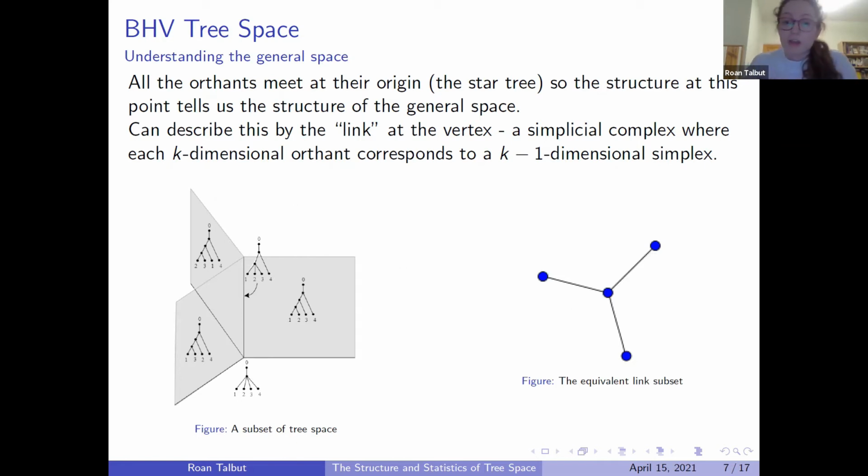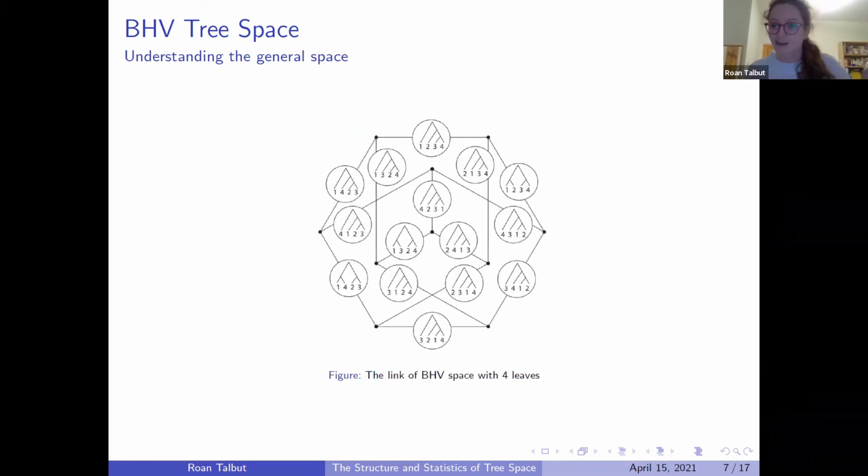But this is just one localized point of our space, and we want to understand the entire space. In this case, where we're talking about trees on 4 leaves, this gives us the Petersen graph, which is quite fun. This is the Petersen graph, for those of you who are not familiar. It's a 3-regular graph, and I think we just have 5-cycles.